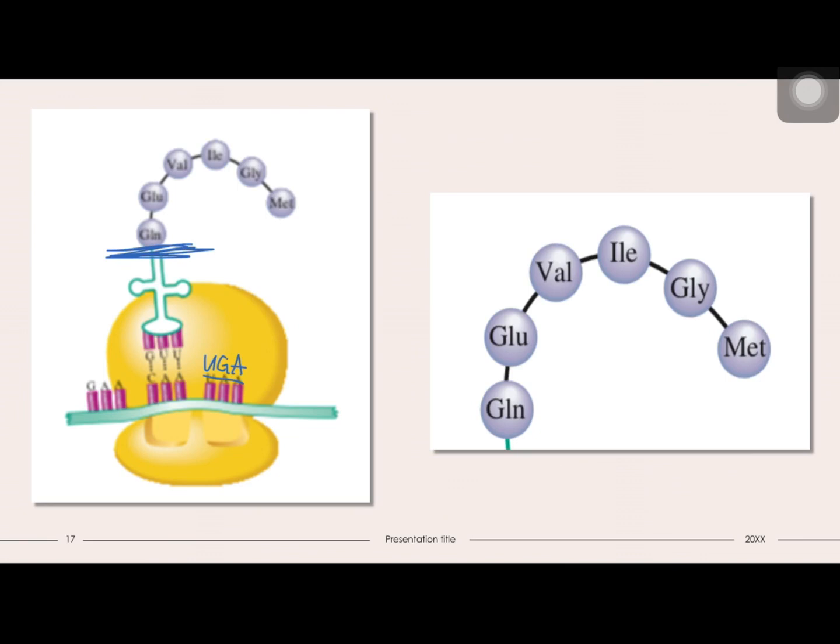Then our protein is cleaved or split from the last tRNA, which is this one. It will cleave from the last tRNA by a hydrolysis reaction. So it has now been cleaved, right? So this is now our polypeptide chain.